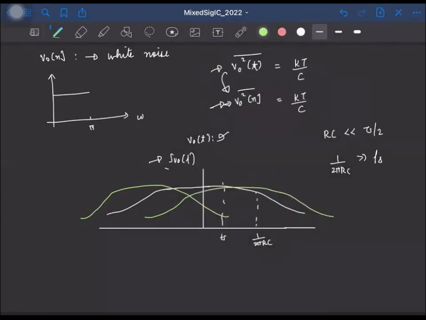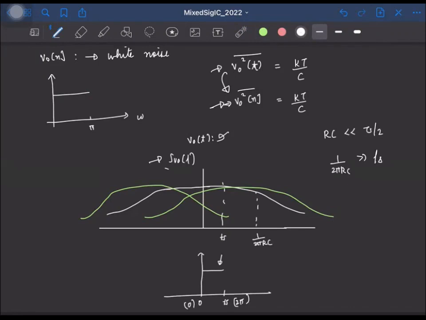And because of all these copies, from 0 to fs, if you look at the spectrum, all the portions of the spectrum will get added and we'll get a flat portion for the spectral density. Okay, so from 0 to fs, which is similar to 0 to 2 pi in discrete time frequency, the power spectral density is going to be flat.